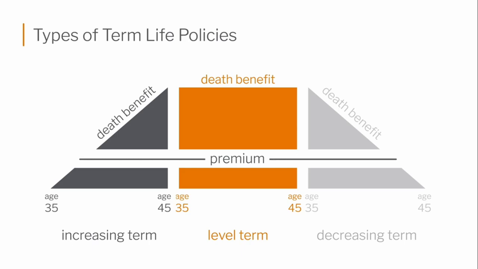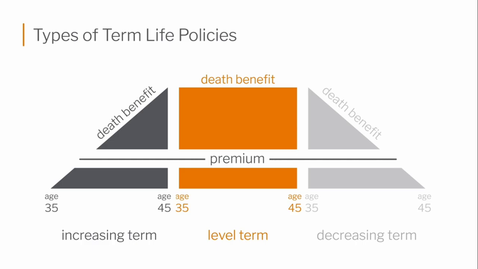If you owe somebody money, every time you make a payment on a loan or whatever, the loan amount comes down. Well, decreasing term, the face amount, the death benefit of the policy exactly matches what you still owe on the loan. So you make a payment, the loan amount that you owe goes down, the death benefit goes down and matches it, exactly. So what happens if you die while you still have that outstanding loan?